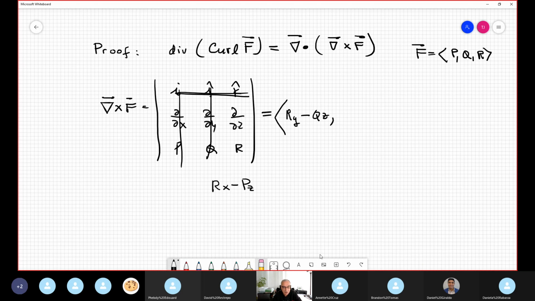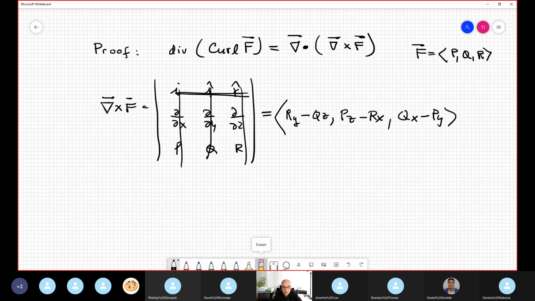But remember, in j you need to change the sign, so it's P z minus R x. Okay, good. And now finally the third component is Q x minus P y. Okay, super. Let me erase that part. I need to find now the divergence.